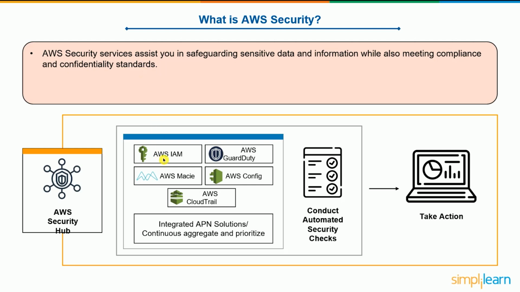So of course, we have individual services in AWS, which we will explore in this video. However, in order to govern the whole process at an organizational level, we have AWS Security Hub. Now, AWS Security Hub is known as a CSPM, which stands for a Cloud Security Posture Management Tool. So what does that really mean?